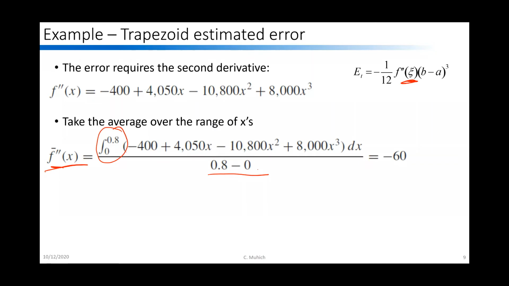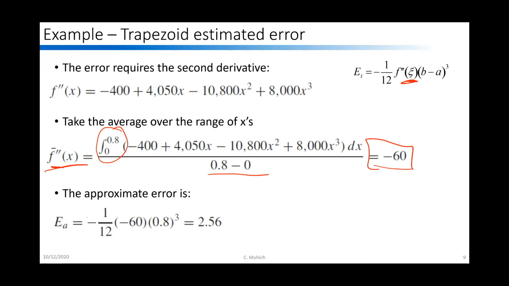I can do this analytically, and it would come out to be negative 60. So therefore, my approximate error can be written out as negative 1/12 times 60, which is my approximation for my second derivative, times my range over which I'm looking, so 0.8 cubed.